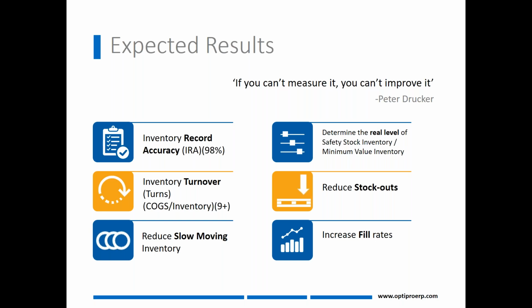Safety stocks and minimum values have to reflect true calculations on the criticality of the items in safety stock and how fast we can bring in new items to put into the inventory and reduce the minimum values. We want both of those numbers to go down in terms of dollars continuously.